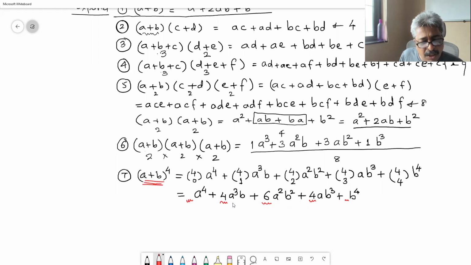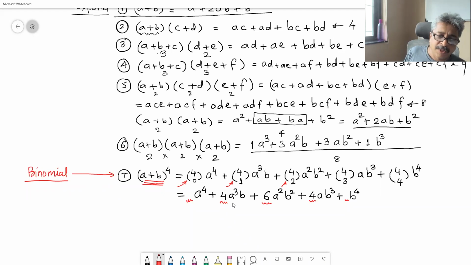Binomial because we are talking about 2 terms, a and b, in each bracket. And hence these are called binomial coefficients because we are essentially discussing the powers of a plus b.